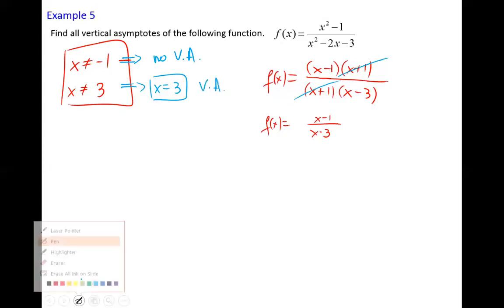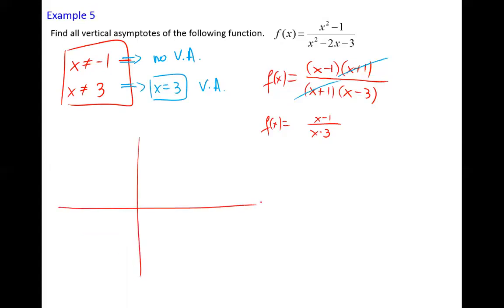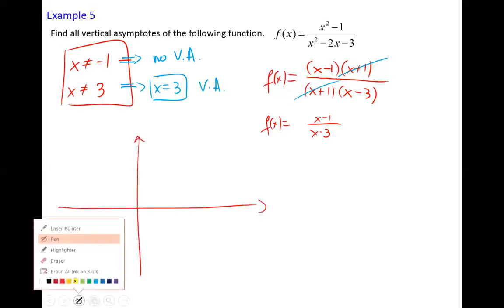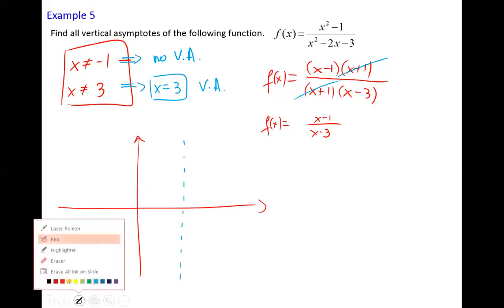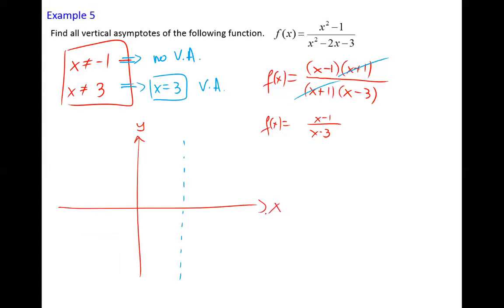Okay? And again, we can try to draw it. We do have a vertical asymptote at 3. Okay, and you can try to get, I can draw, on the right-hand side the function will go up, and on the left-hand side the function will actually go down.